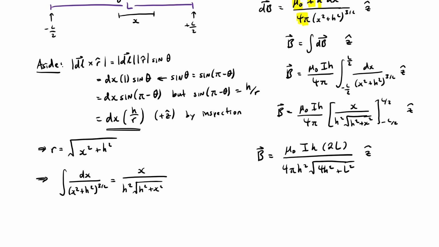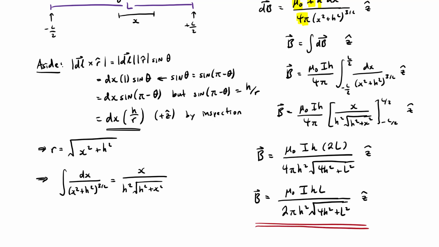But of course, I can simplify this. I have mu naught I h L divided by 2 pi h squared square root of 4h squared plus L squared in the z direction.